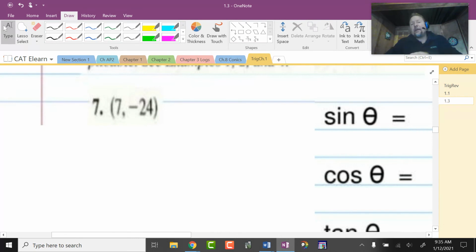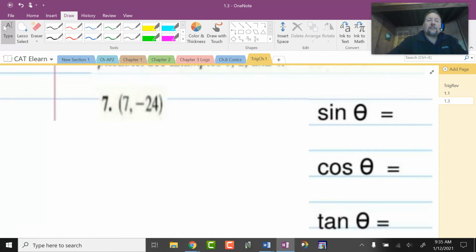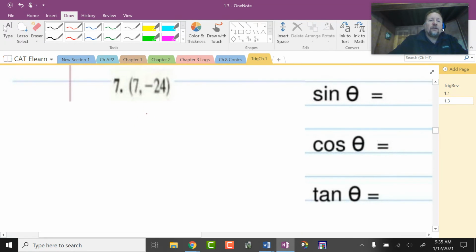Ooh, and right away, (7, -24). Go look up your Pythagorean triples real quick, if you wrote those down. That's what I mean about the Pythagorean triples. They're obsessed with using Pythagorean triples, and you'll be able to do your work a little bit faster. So you draw a coordinate plane.